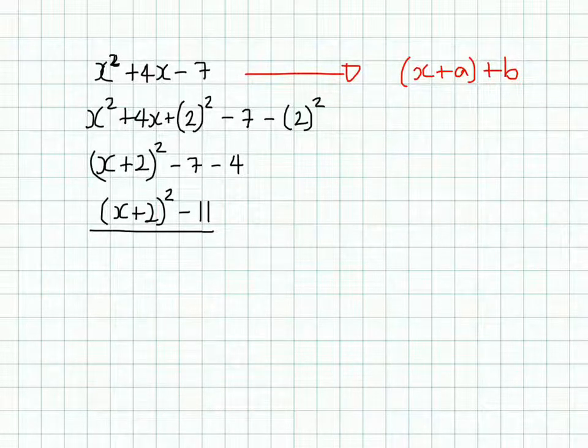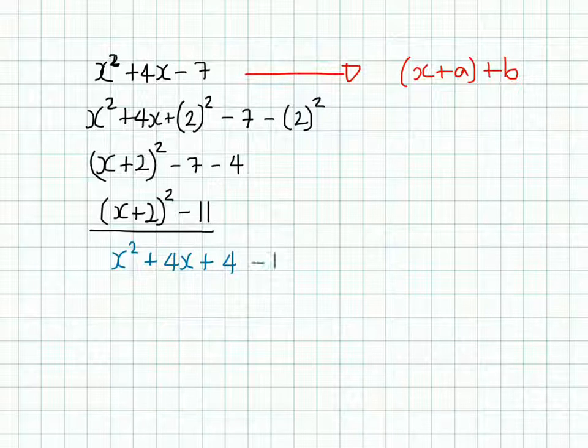Anyway, I was about to say, let's prove that our answer is correct. So if I expand all of this, it should give me that back, okay? Right, let's go. I'm going to cut some shortcuts here because of time. So expanding the brackets will give me x squared plus 4x plus 4.